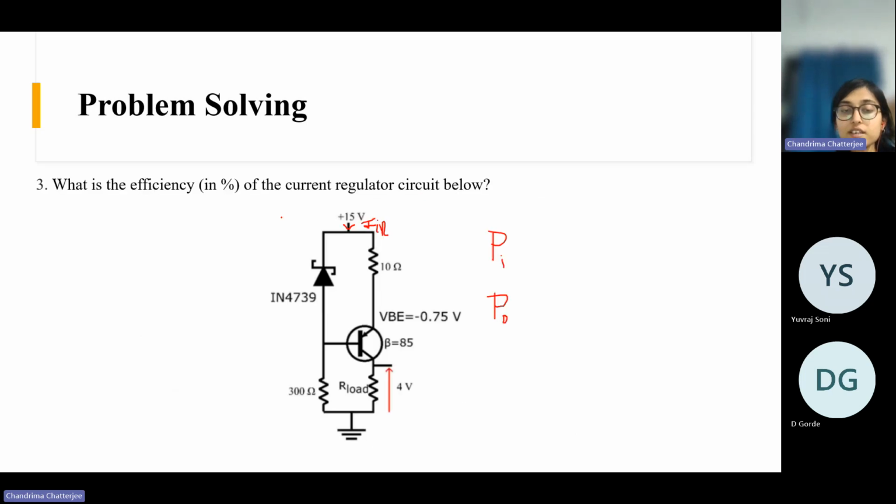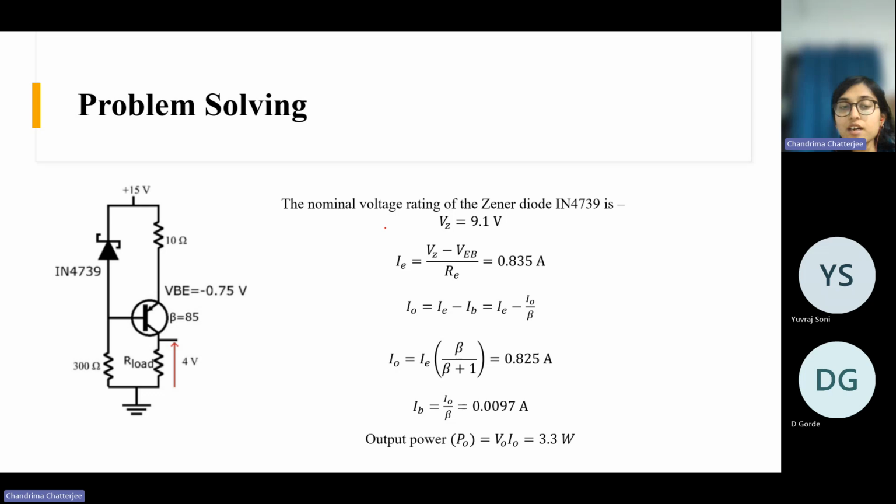So here they have specified a particular Zener diode. If you see the data sheet of this Zener diode, you will see the Zener diode voltage is 9.1 volt. This is the Zener voltage rating. So now we can calculate the emitter current of this BJT, this current that is going towards the emitter.